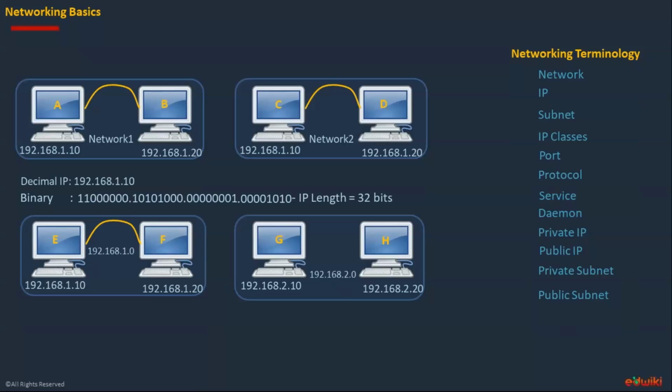But from the understanding perspective, 192.168.1.10 is the IP address because that is actually assigned to a server for identifying the server. But do you think 192.168.1.0, the number that I have considered here as an example, is used to identify a specific server?